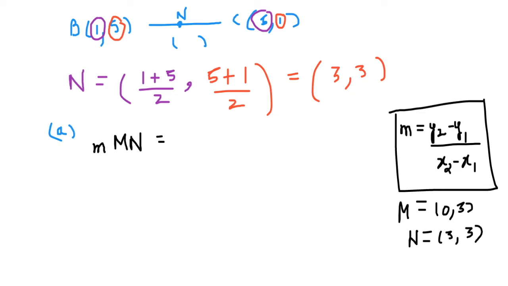I'll now use this formula for this. This is x1, y1, and this is x2, y2. So y2 minus y1 will be 3 minus 3.